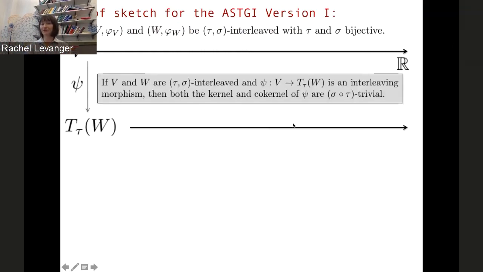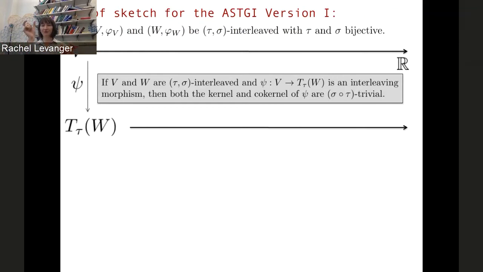There's a lemma that you can prove that says if you have two persistence modules that are tau sigma interleaved, and you take an interleaving morphism, then both the kernel and the co-kernel of that morphism are sigma composed tau trivial. So the parts that aren't mapped, they're in the kernel of the morphism or the co-kernel of the morphism.